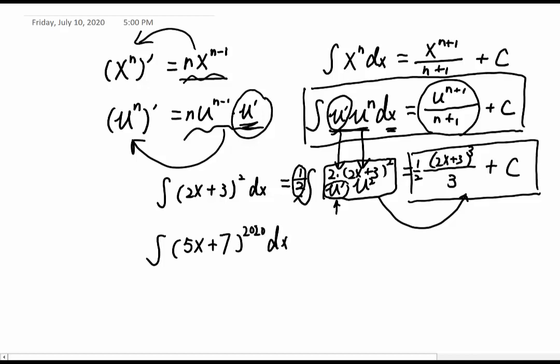Right, so we have to think about our u. Our u, of course, is going to be our base, so the u prime will be 5. So let's just write it down: 5x plus 7. The power is 2020.